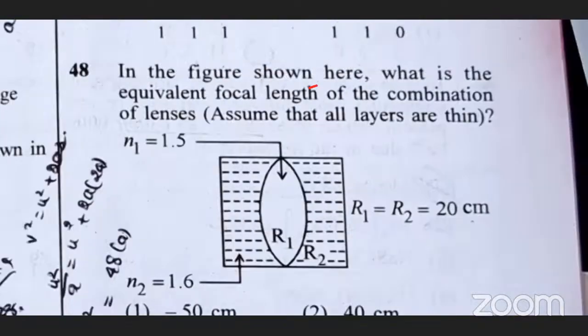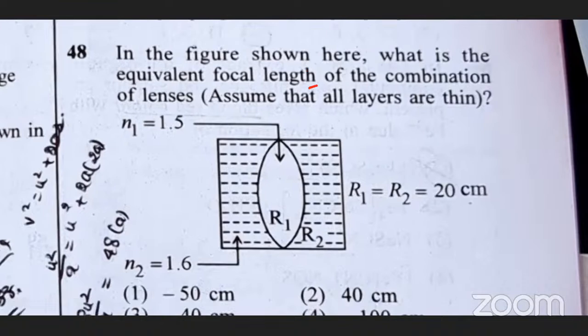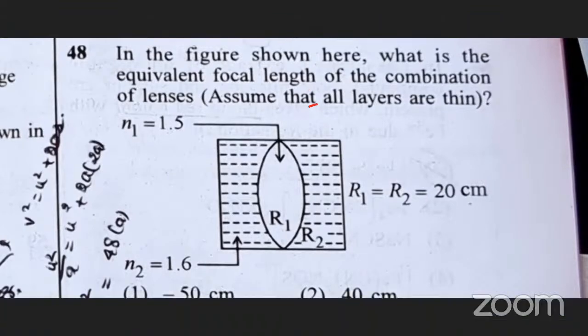Then the 48th question. So here the lens is placed in a liquid. Both radii of curvature of the lens are equal, 20 centimeter. The refractive index of the lens is 1.5 and the refractive index of the liquid is 1.6.